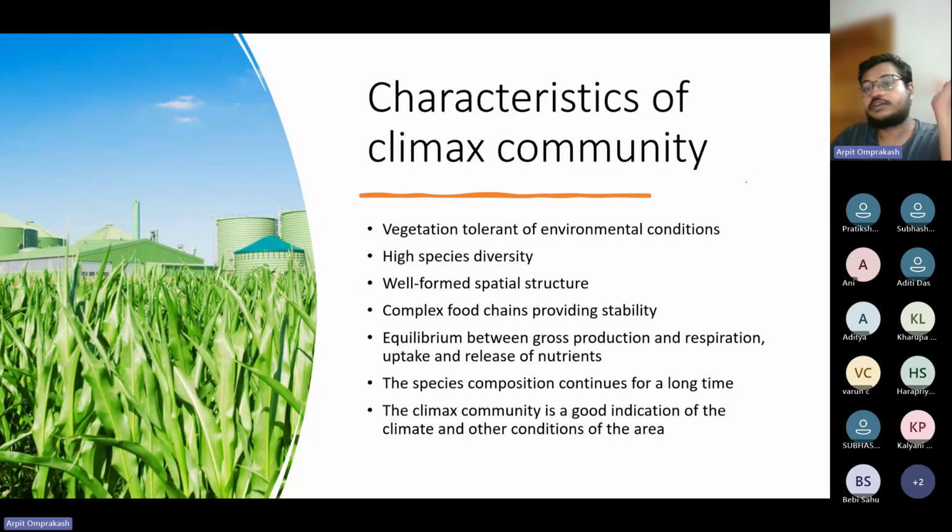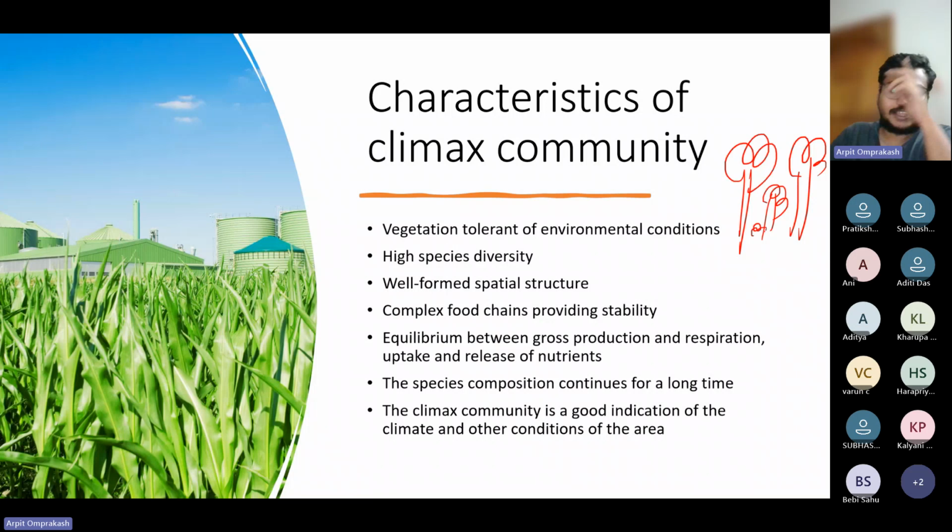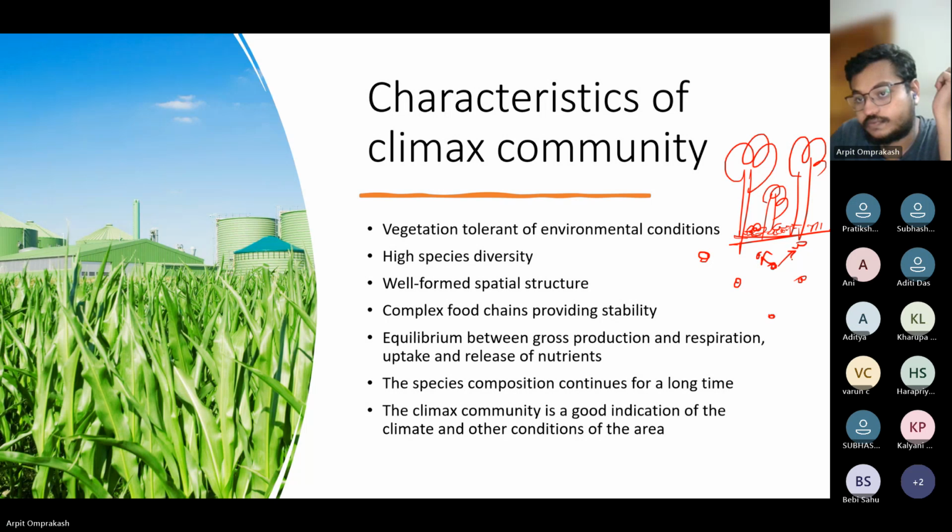So as I was telling you before, they have canopies, they have an understory, and they have lower things under the understory, also on the ground. So grasses, herbs, and shrubs. And there's a complex food chain going on here. You have many different species that are interacting with each other, feeding on each other.